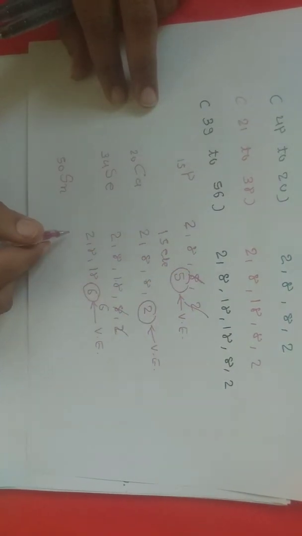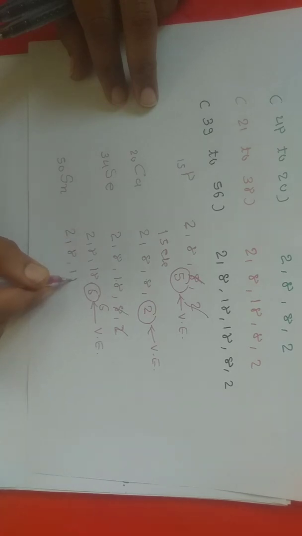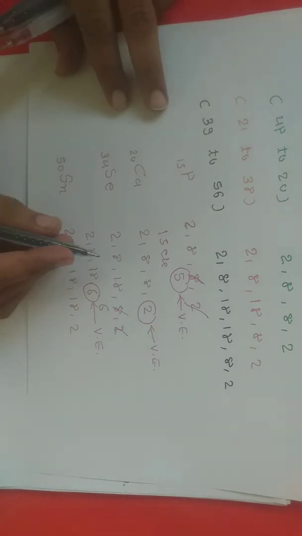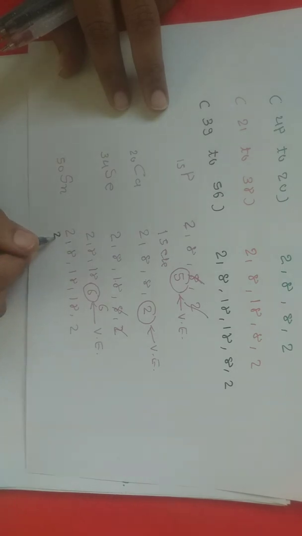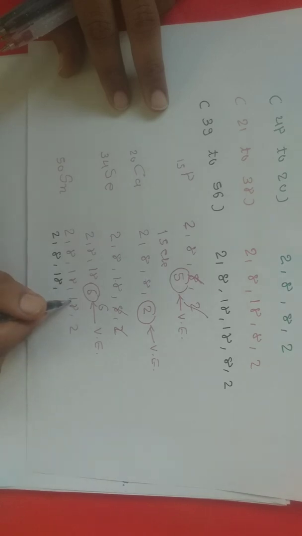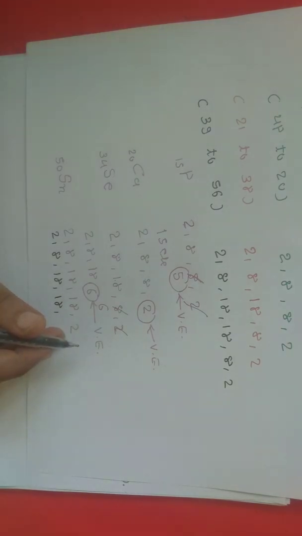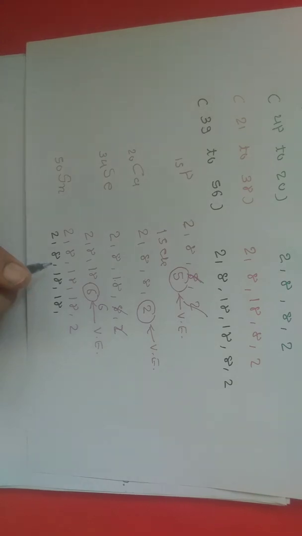So first I will write down 2, 8, 18, 18, 8, 2. Now the atomic number is 50, so I have to maintain 50 electrons here. So 2 plus 8, 10, plus 18, 28, plus 18, 46. So 2, 8, 18, 18, 46 is there.